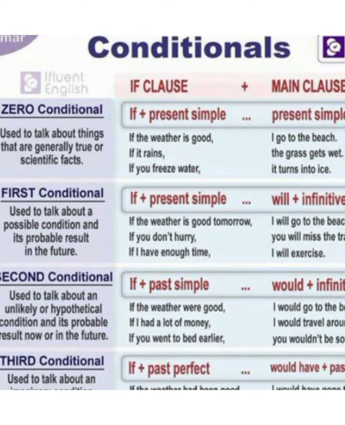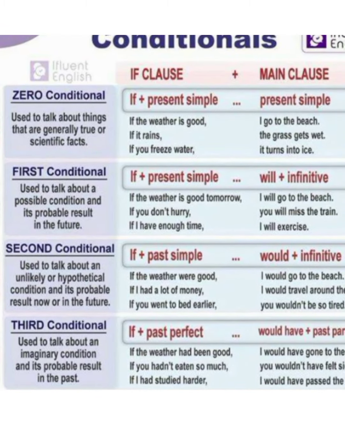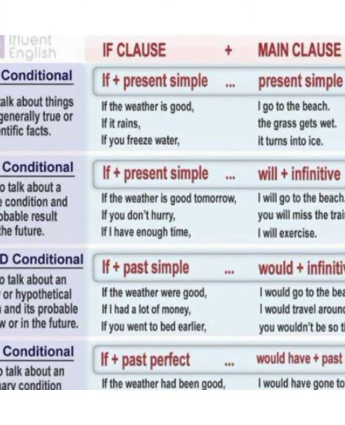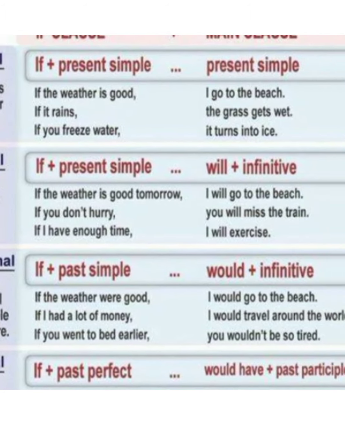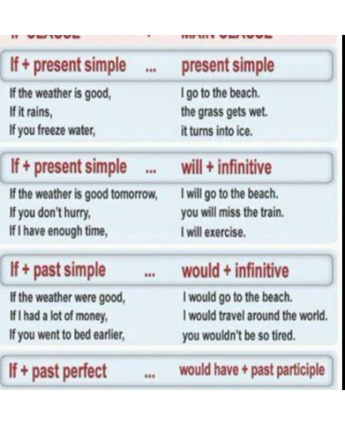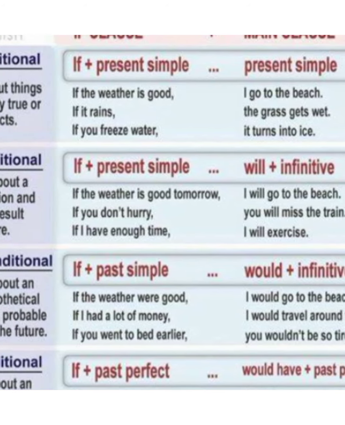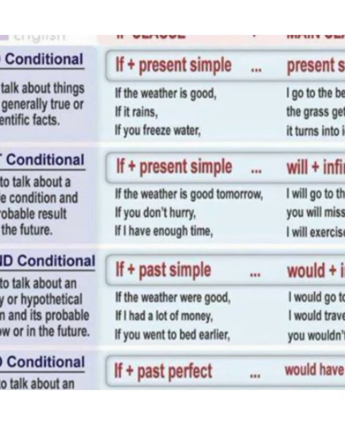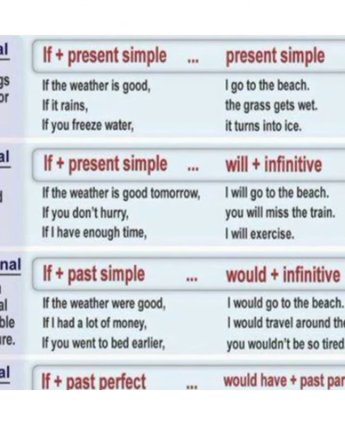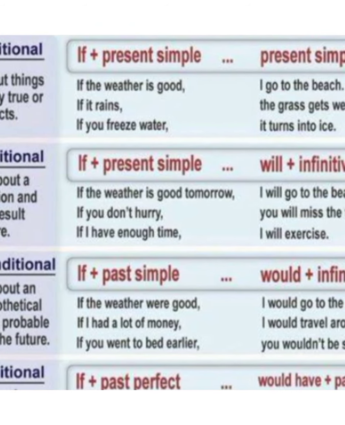In the first conditional, the if clause is in present simple, and then the main clause will be in the structure of will plus infinitive. So the example is: if the weather is good tomorrow, I will go to the beach. First conditional, okay. If you don't hurry, you will miss the train.